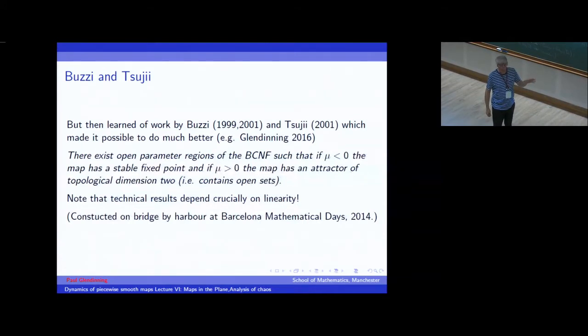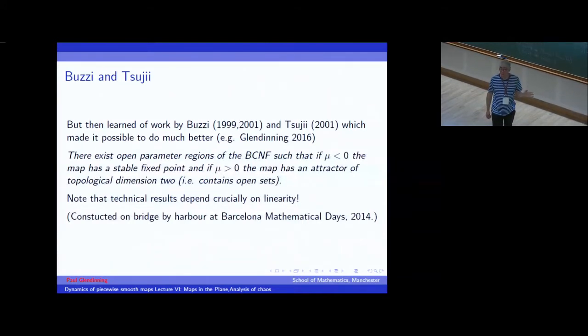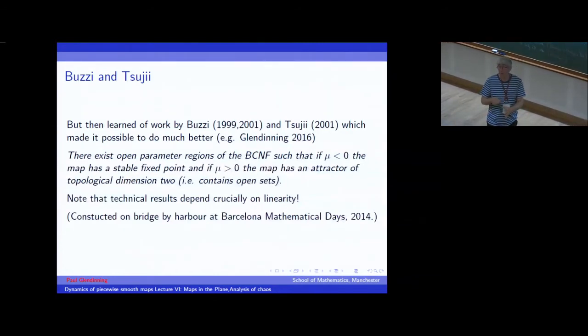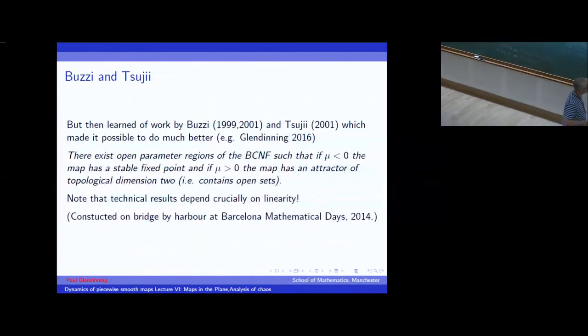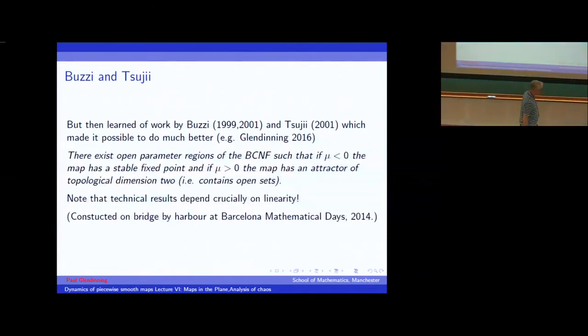And the nice thing about the linear maps is that images of lines are lines, so you're talking about intersection of lines. In nonlinear maps, iterates of lines are curves, not lines. And of course, curves can start wrapping round and doing sort of nasty things. And so you lose that.